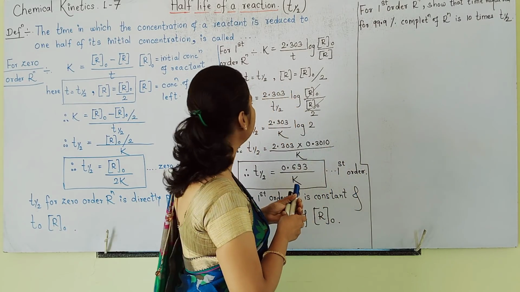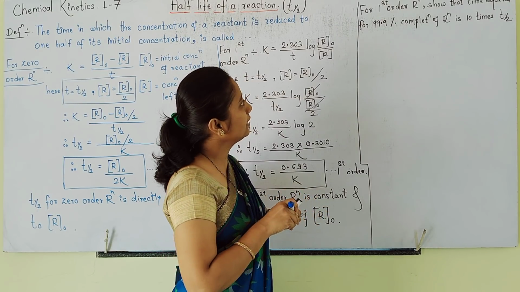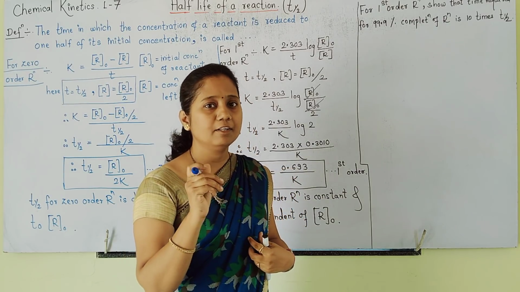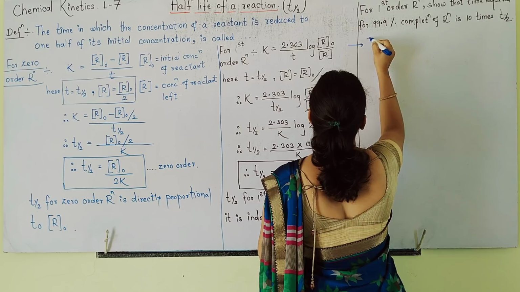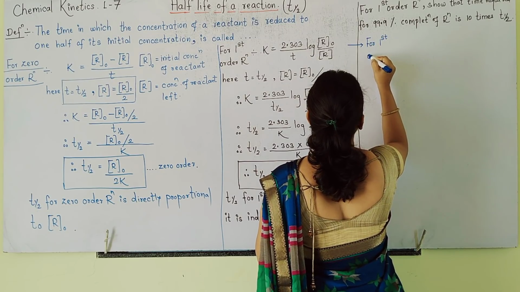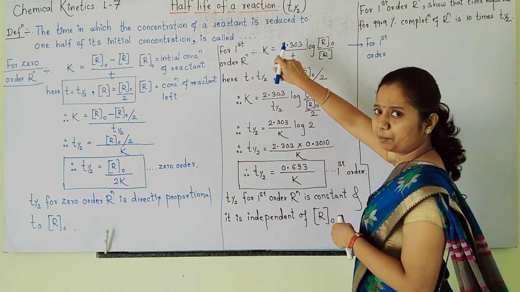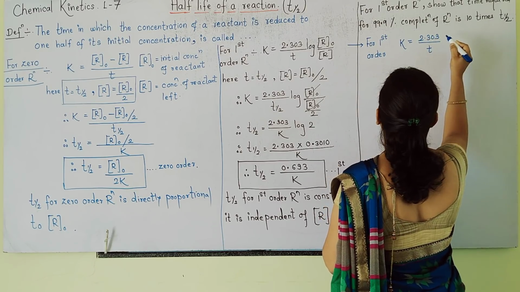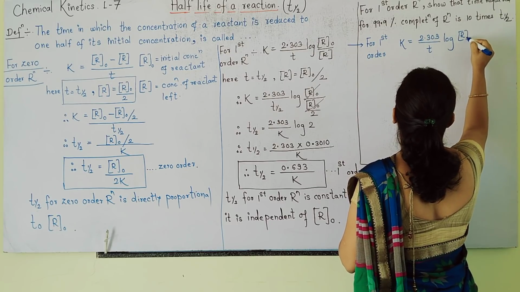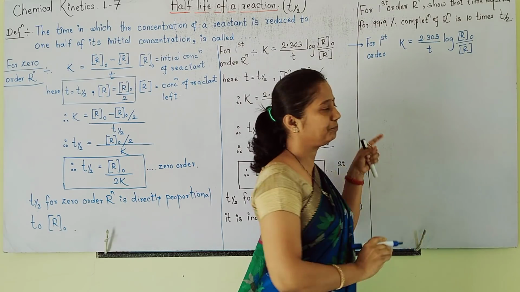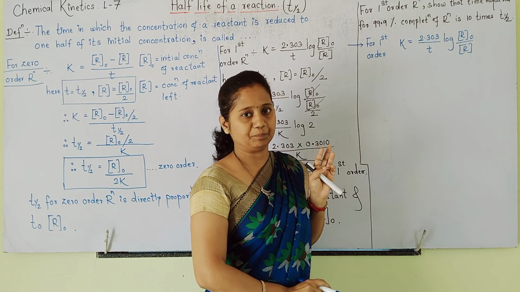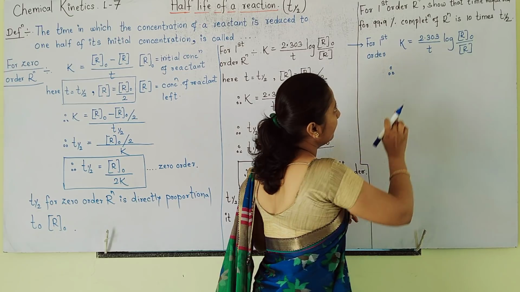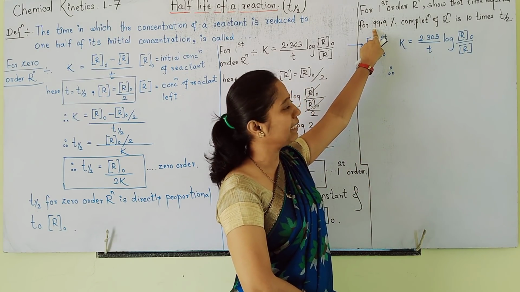It is a very simple problem. See, students, it is given for a first order reaction, so write down the integrated rate equation for first order: K is equal to 2.303 by T log of R naught by R. Here T is the time required for 99.9% completion.